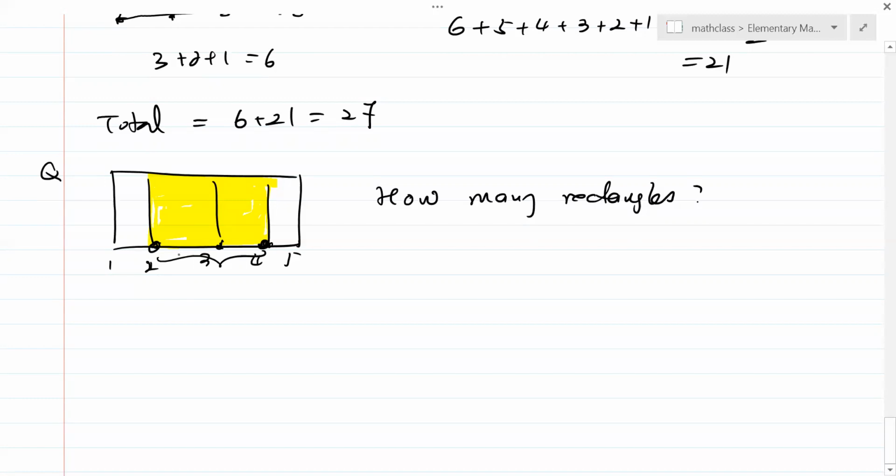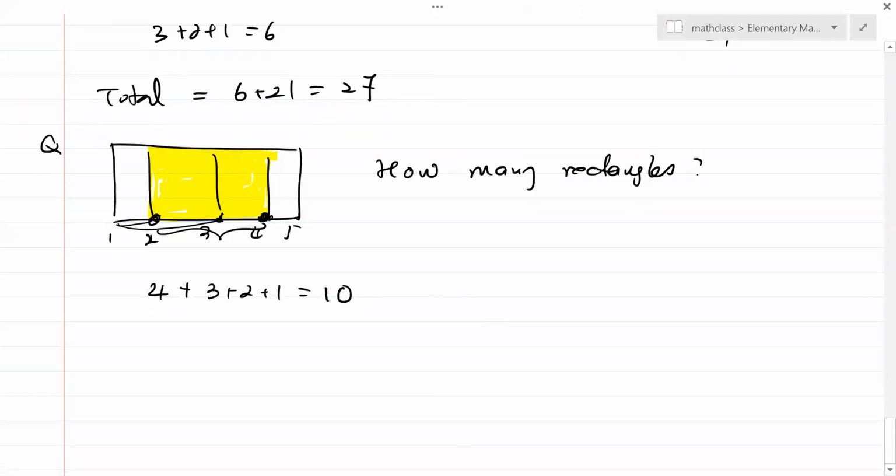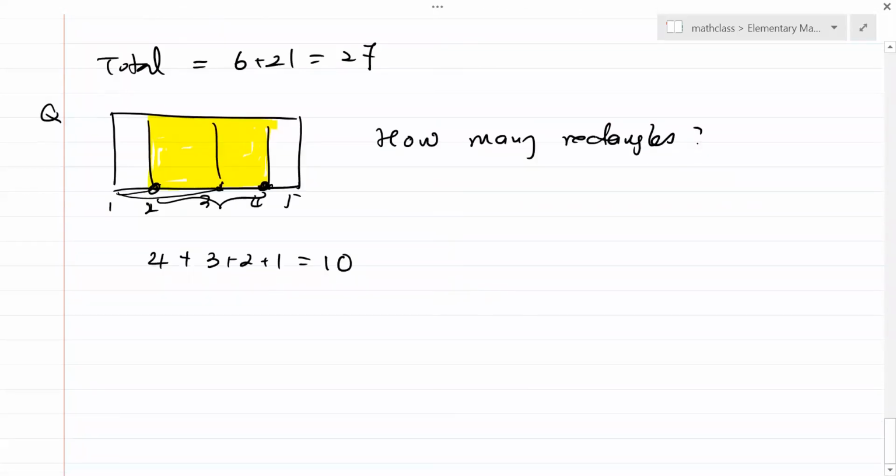So you get 4 plus 3 plus 2 plus 1, which is going to be 10. So 10 pairs of points. Each pair determines one rectangle. Then you get 10 rectangles.